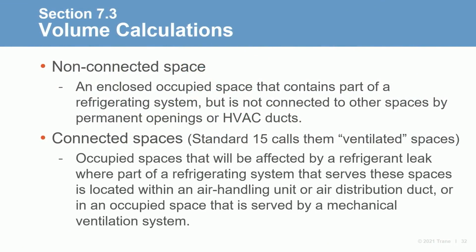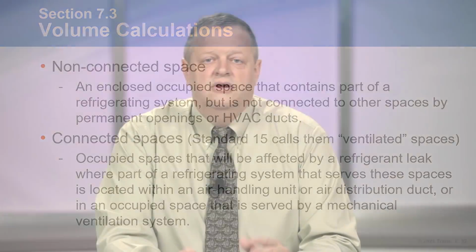On the other hand, connected spaces are occupied spaces that will be affected by a refrigerant leak, where part of the refrigerating system that serves these spaces is located within an air handling unit or duct, or in an occupied space that's served by a shared mechanical ventilation system. Refrigerant released into connected spaces disperses into more than one space, as well as the air distribution system.